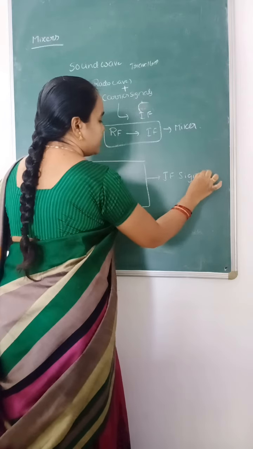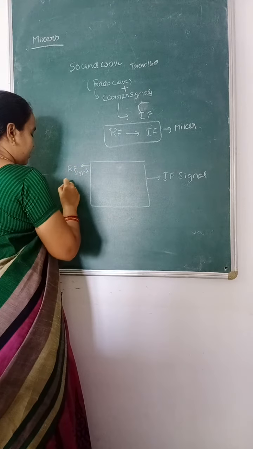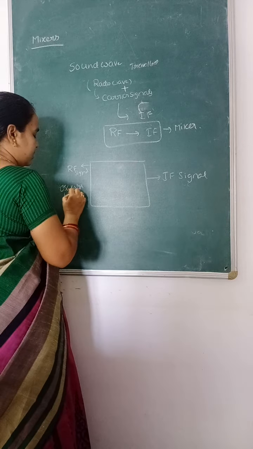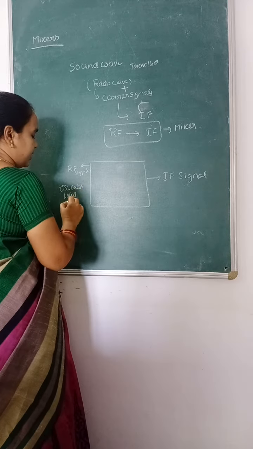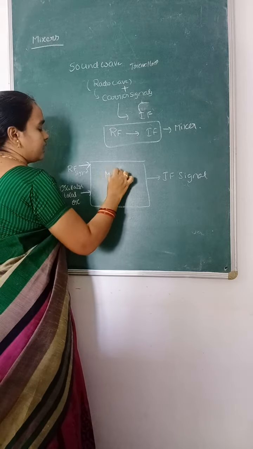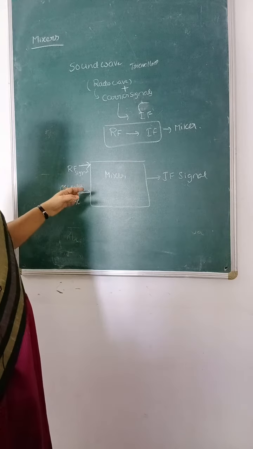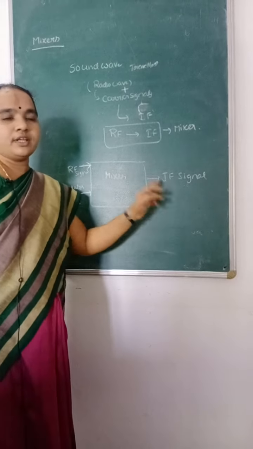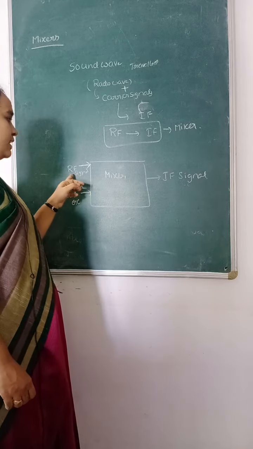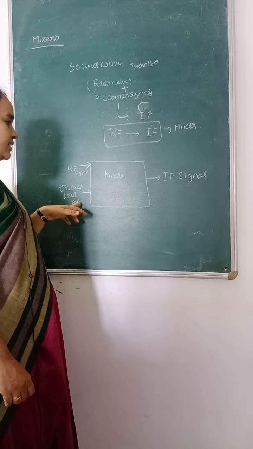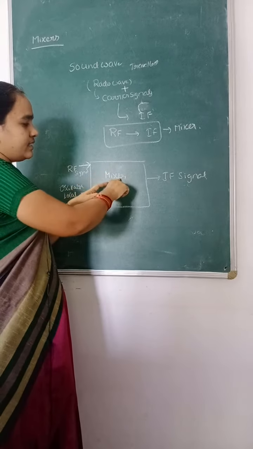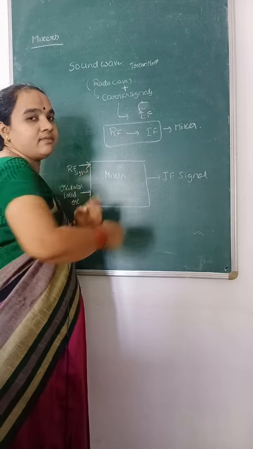The mixer circuit will multiply these two signals and generate different intermediate frequency signals.